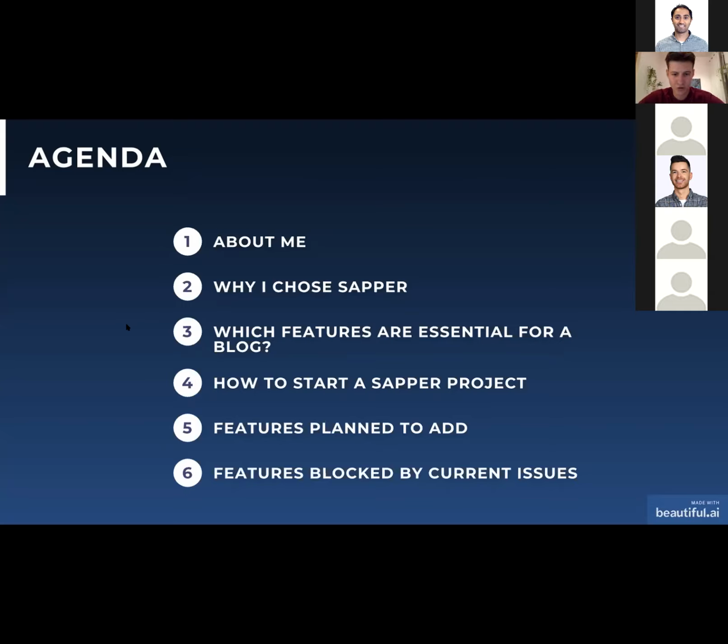I'm going to show you how to even start a Sapper project, because there are already quite a lot of boilerplates out there that basically help you not do everything from scratch. And last but not least, I'm going to explain the features that I still plan to add to the website, and also features that are unfortunately currently blocked by development issues.